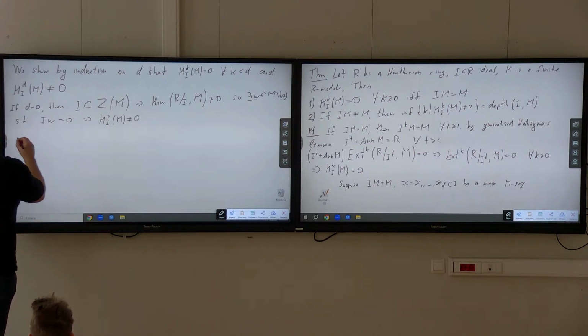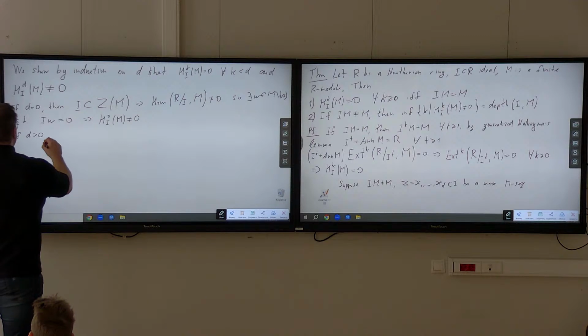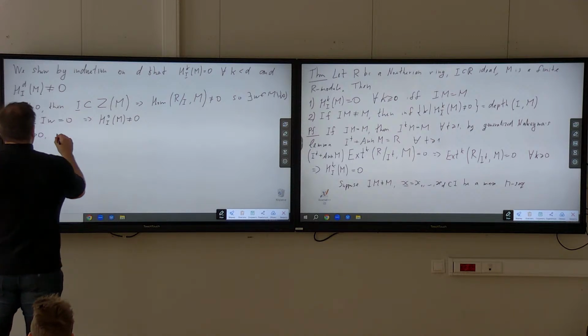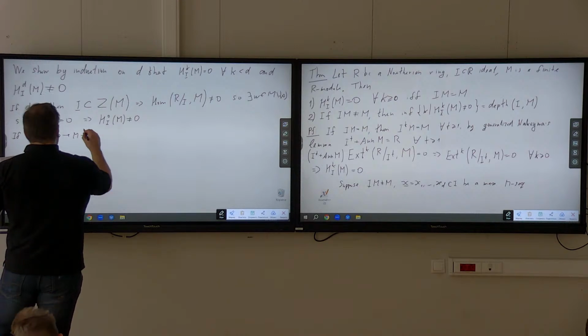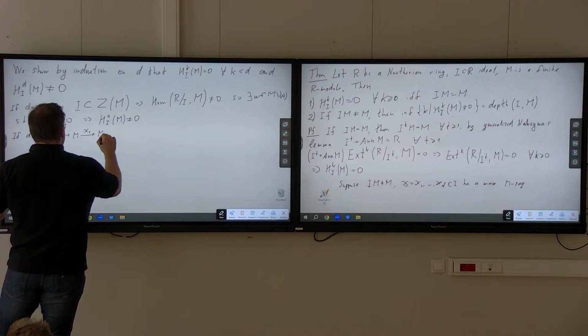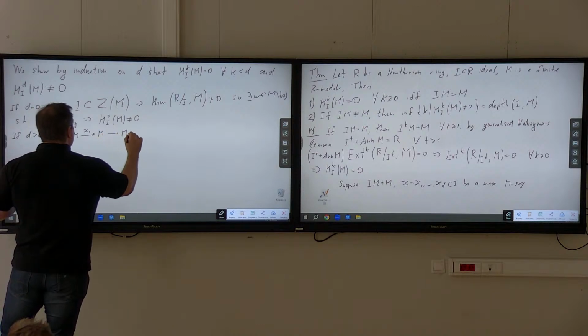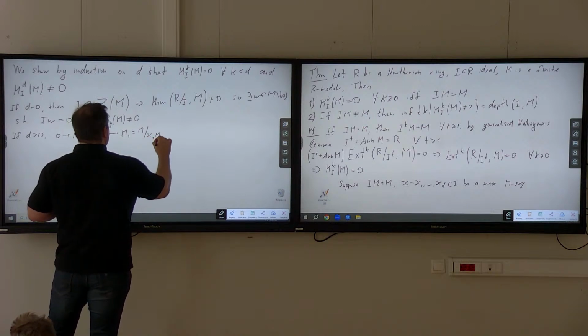Now let's do the step. If d is positive, well, the standard thing is to look at the short exact sequence 0 to M, with x1 the first element in the maximal regular sequence, to M, to M1, which is by definition M modulo x1M.